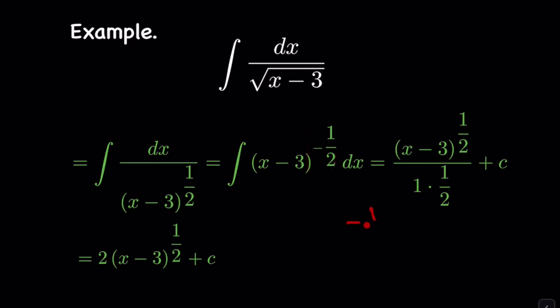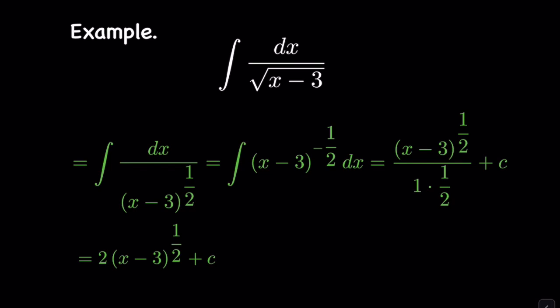So the exponent here is minus 1/2. And notice that minus 1/2 plus 1 is 1/2. So using the power rule, the antiderivative of this function is going to be x minus 3 to the power minus 1/2 plus 1, which is 1/2, divided by 1/2. And remember to divide by the coefficient of x, which is 1 in this case.